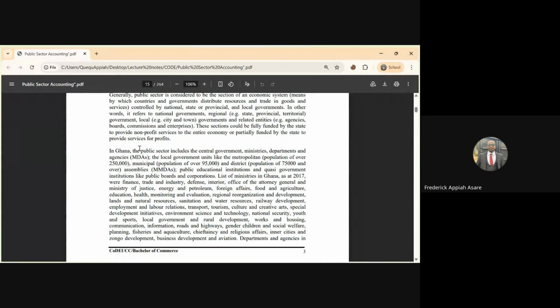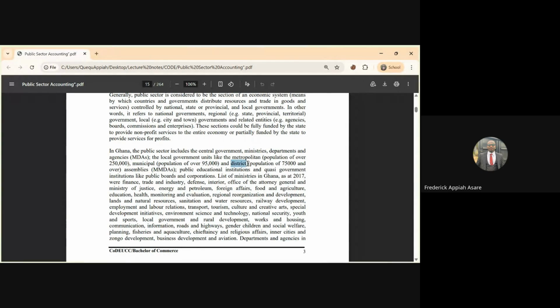So in Ghana, the public sector includes central government, ministries, departments, and agencies, that is the MDAs. The local government units like the metropolitan, the municipal, and the district.